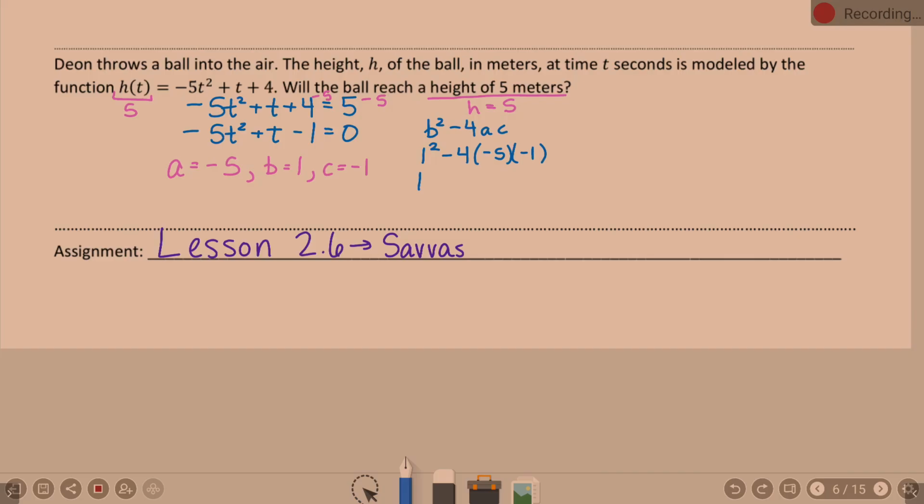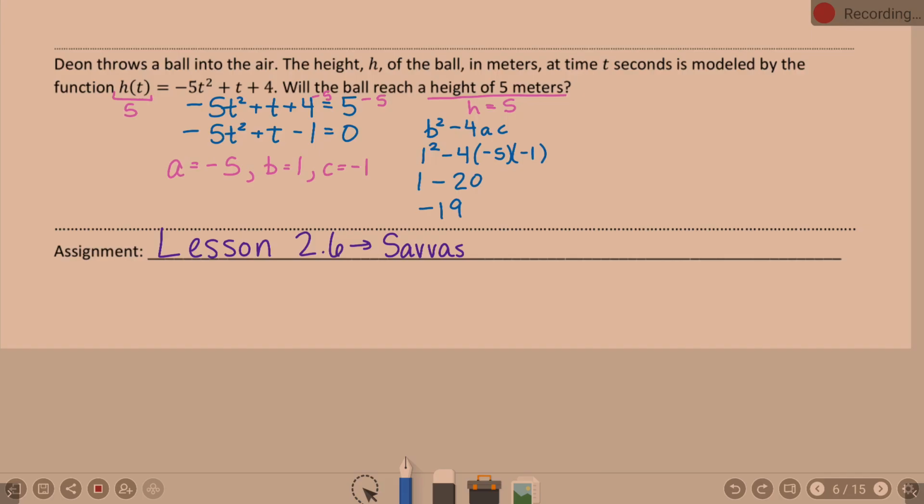I just look at, forget signs for a moment, what's 4 times 5 times 1? 4 times 5 is 20, times 1 is 20. So I know it's a 20. Then I look at the signs. I see a minus and a negative and a negative. So basically what happens when you multiply 3 negatives? You get a negative, right? So this is going to be 1 minus 20. Do some big math. 1 minus 20 is negative 19.